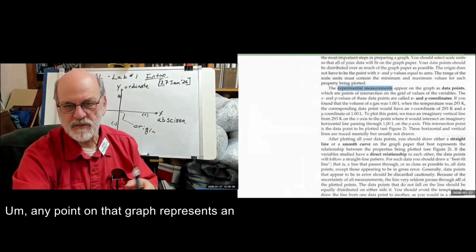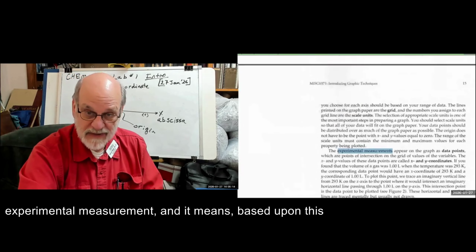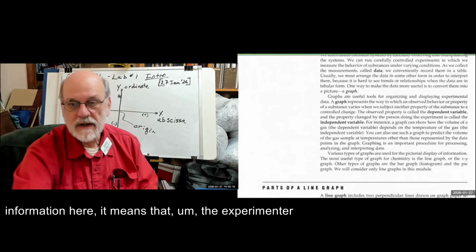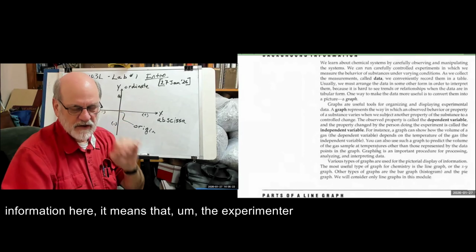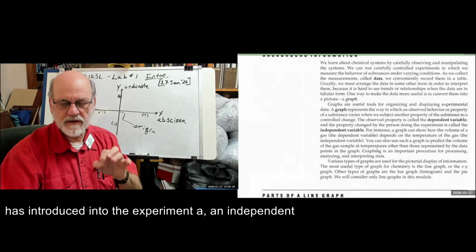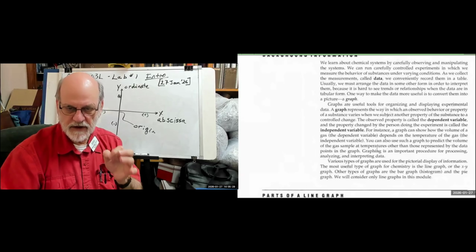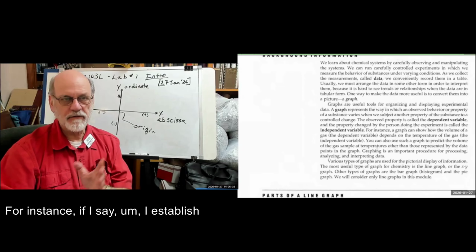Any point on that graph represents an experimental measurement. And it means, based upon this information here, that the experimenter has introduced into the experiment an independent variable. The experimenter controls what that variable is.